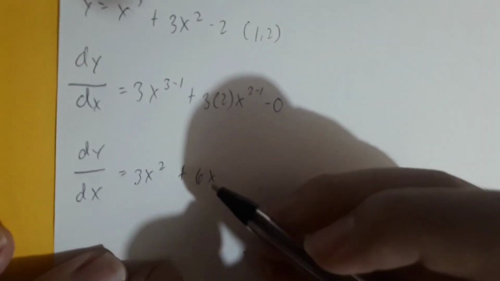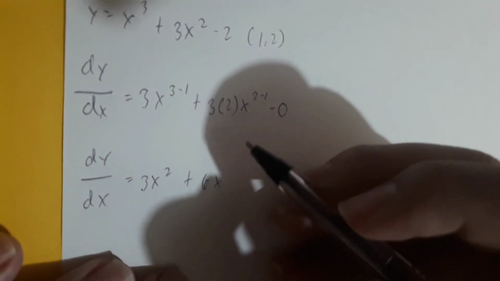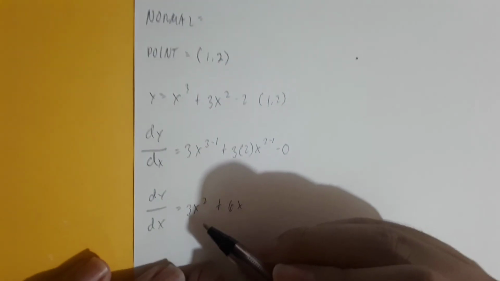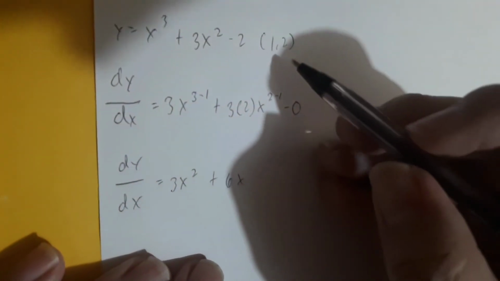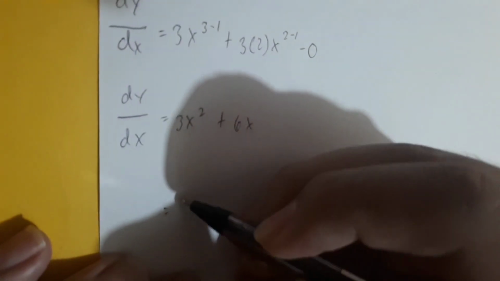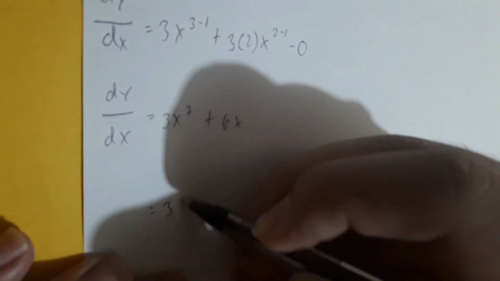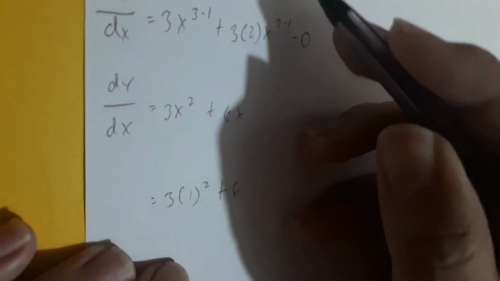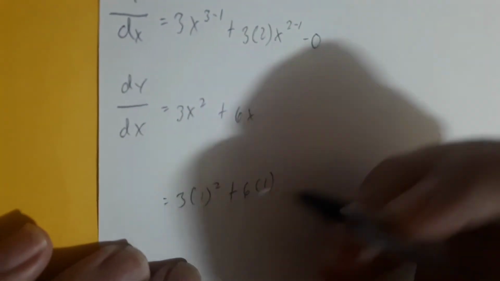In order to find the slope of the line, we need to substitute our point. We have only our x here, so we substitute only the x. So 3x squared becomes 3 times 1 squared plus 6 times 1.